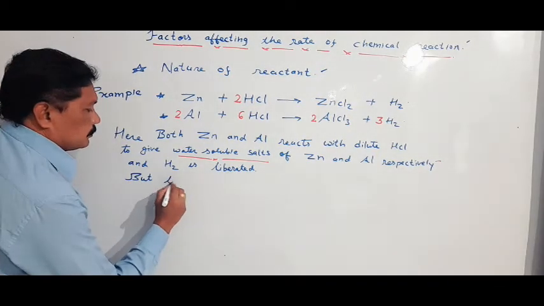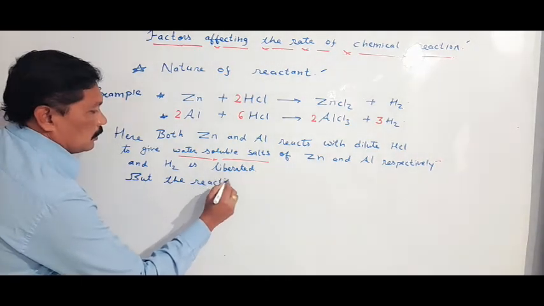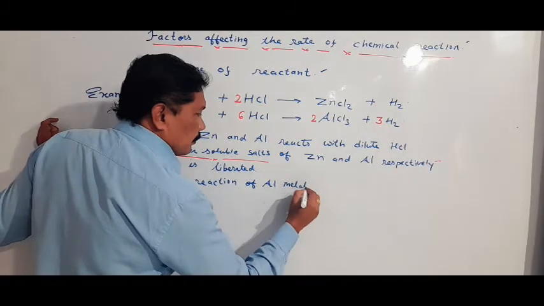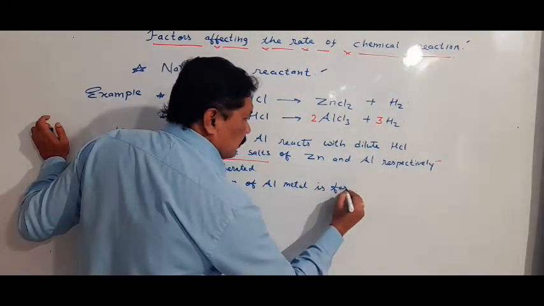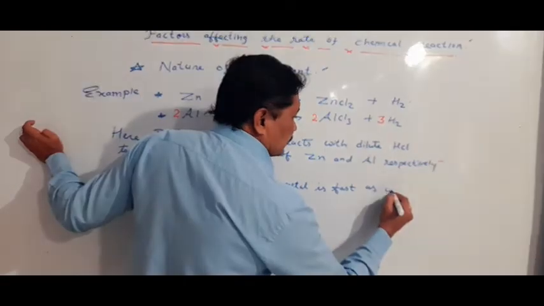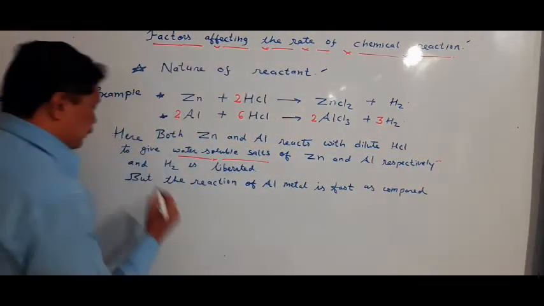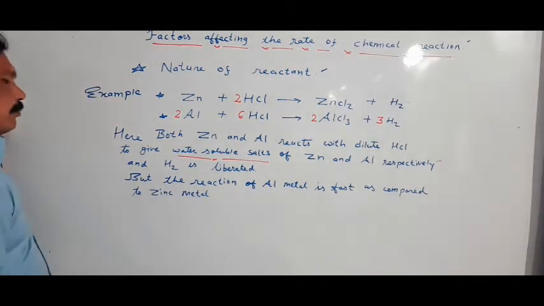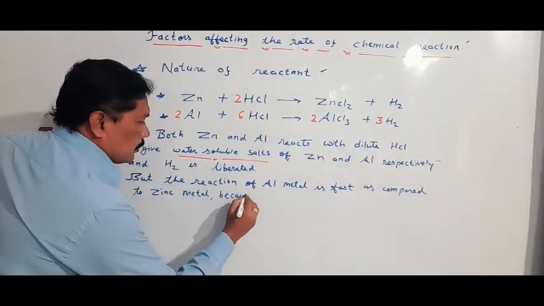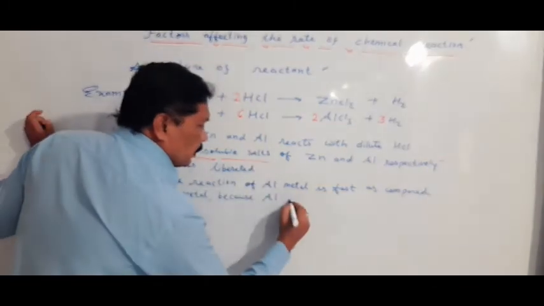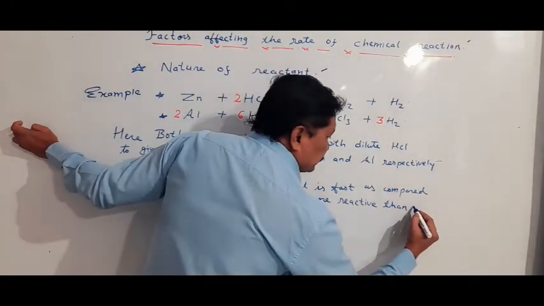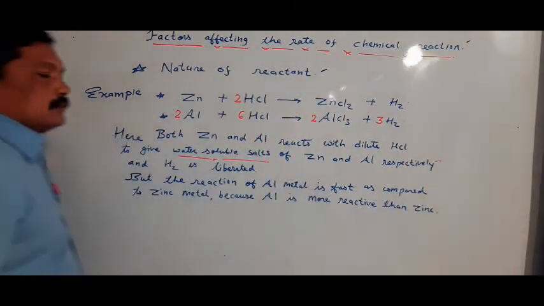But the reaction of aluminum metal is fast as compared to zinc metal, because aluminum is more reactive than zinc.